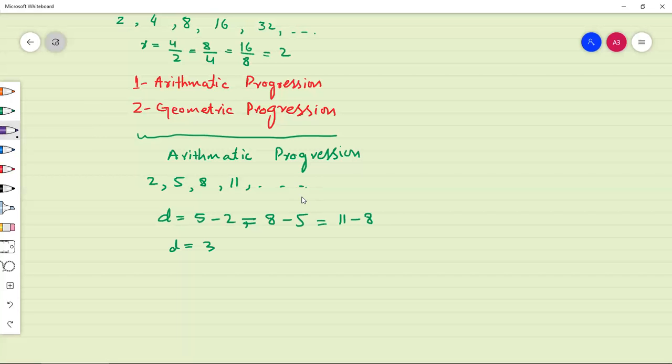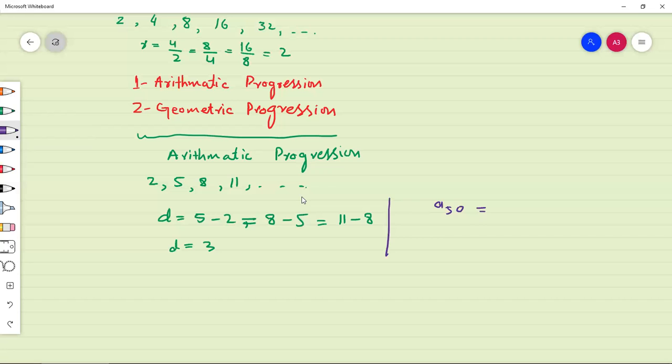So in O level, we learned there are two types. If I want to find the 50th term of the sequence, how can we find the 50th term? We just learned one formula for that. I'm not going to discuss that formula because it is no longer used in this chapter. We have some new formulae similar to that formula.